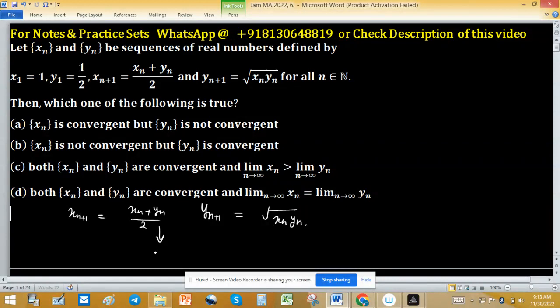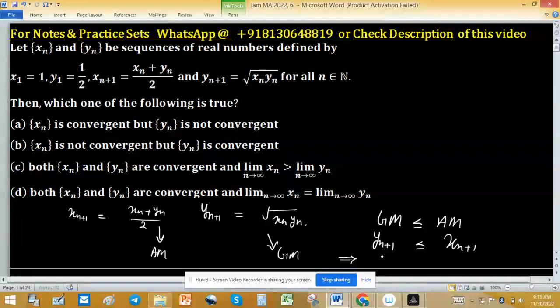So this is the arithmetic mean, AM, and this is the geometric mean, GM. And we know the relation between AM and GM: GM is always less than or equal to AM. This implies that y_{n+1} is less than or equal to x_{n+1}, and you can write y_n is less than or equal to x_n.